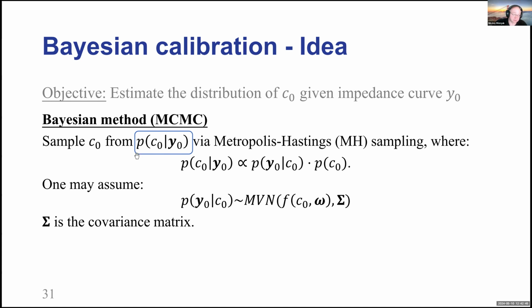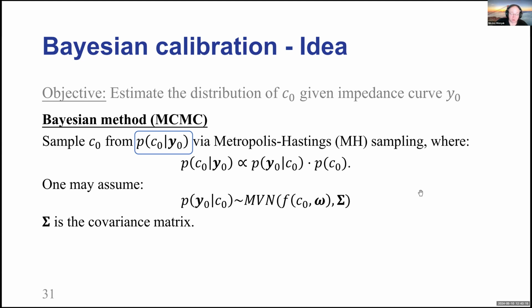So statistically, what we want is to get our hands on this posterior distribution of C0 given Y0. From the practical standpoint, this will be done by Markov chain Monte Carlo. So we have the likelihood times the prior for C0, and then one would sample from this by Markov chain Monte Carlo, or MCMC.